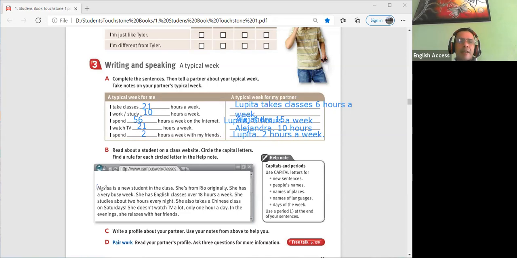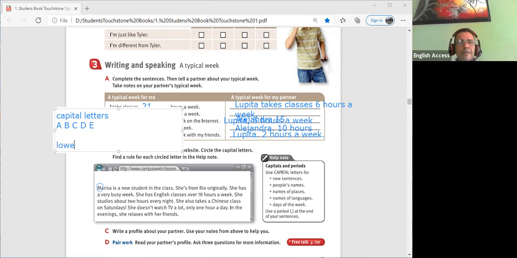These are the capital letters. It's like A, B, C, D, E, etc.